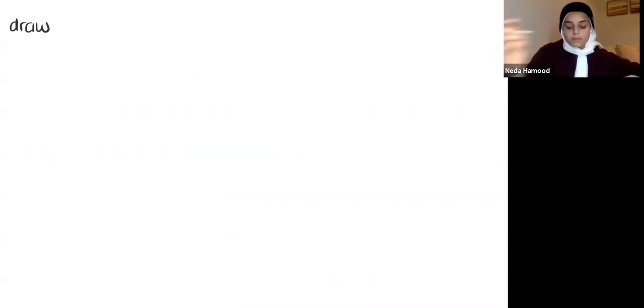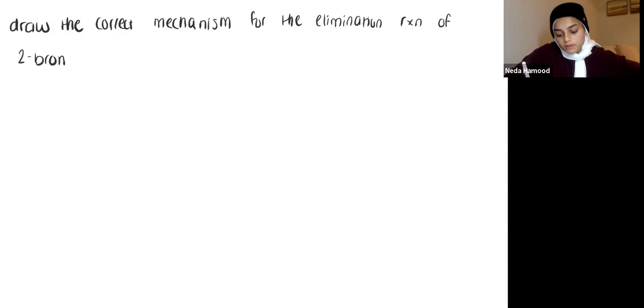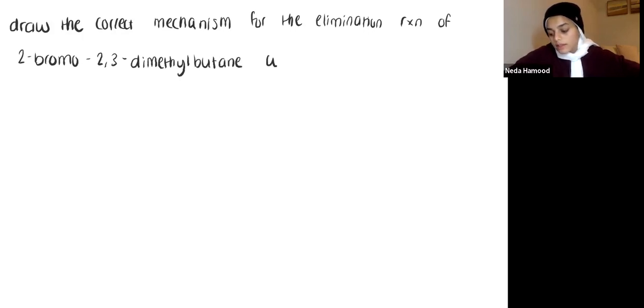But just for the sake of time, I'm going to say draw the correct mechanism for the elimination reaction of 2-bromo-2,3-dimethylbutane with methoxide.